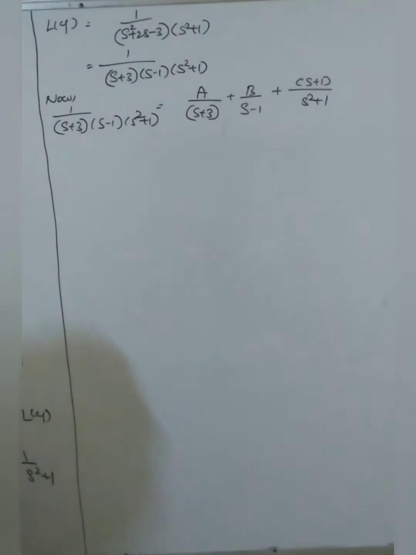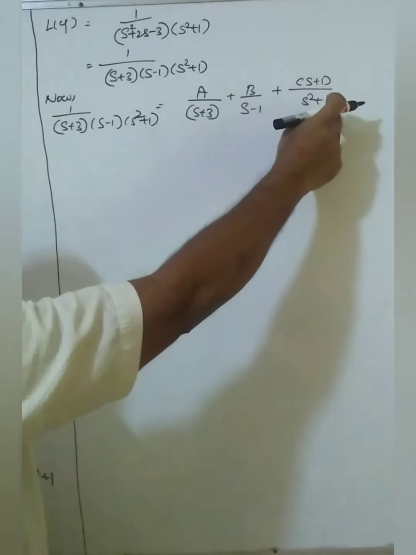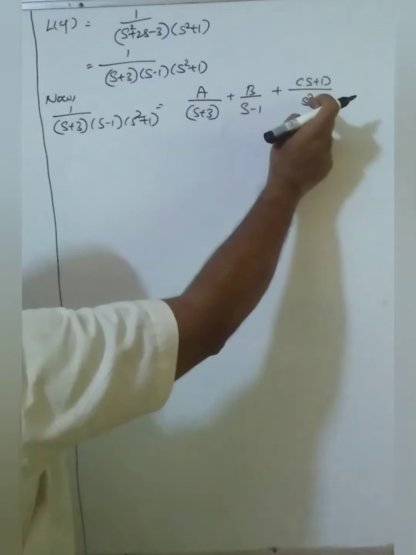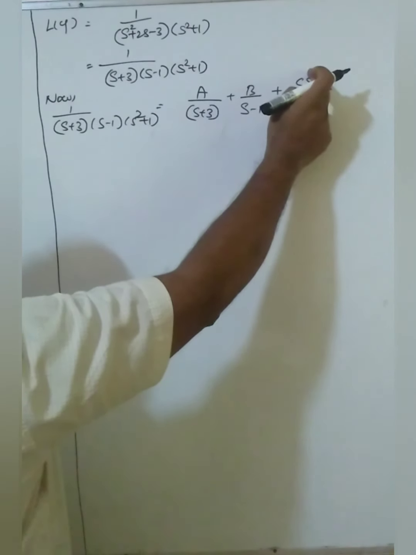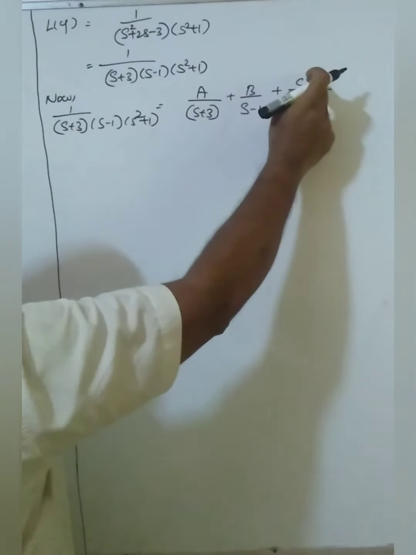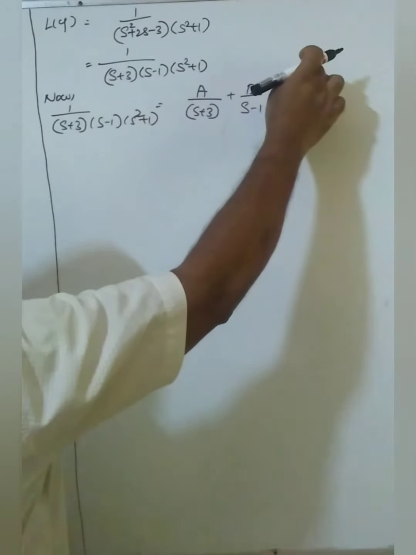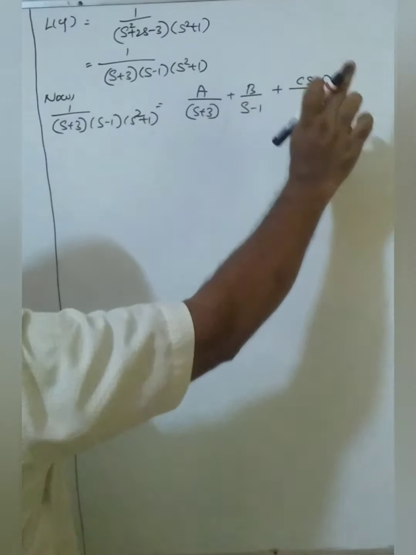Here this s square plus 1 we cannot factorize, so we use this technique. Here the power is 2, we take power 1, that is cs plus d, power 1 and power 0. If the power were 3, we would take power 2, power 1 and constant.